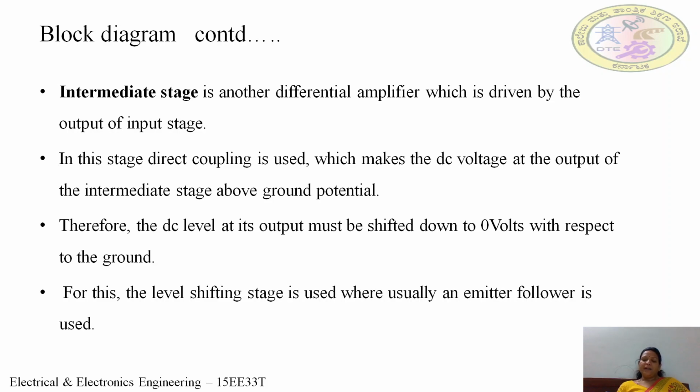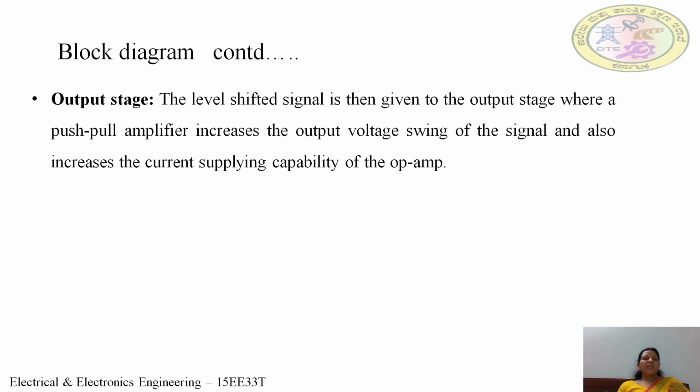The output stage increases the current supplying capability of the operational amplifier. In the output stage we usually use a push pull amplifier. This push pull amplifier increases the output voltage swing of the signal, and it also increases the current supplying capability of the operational amplifier.